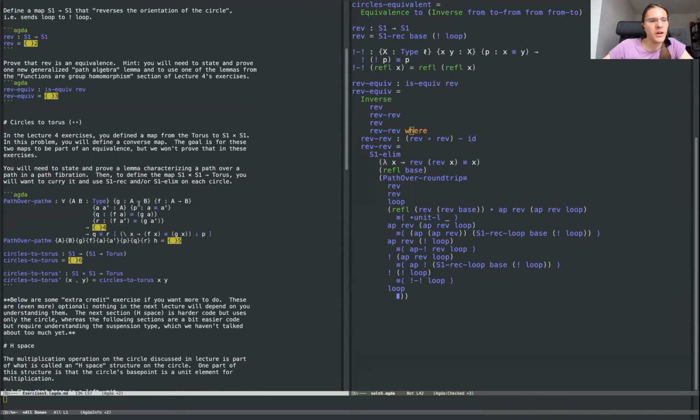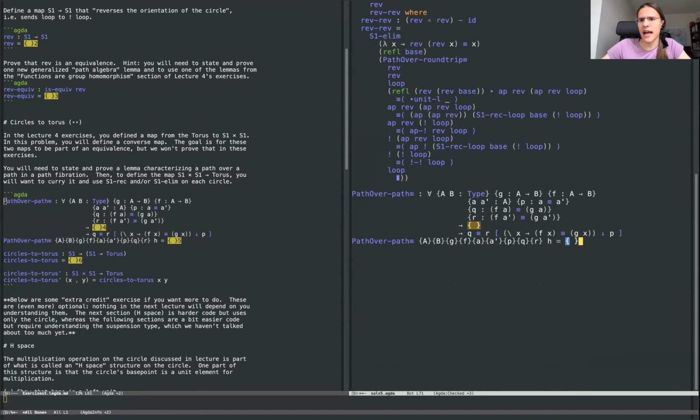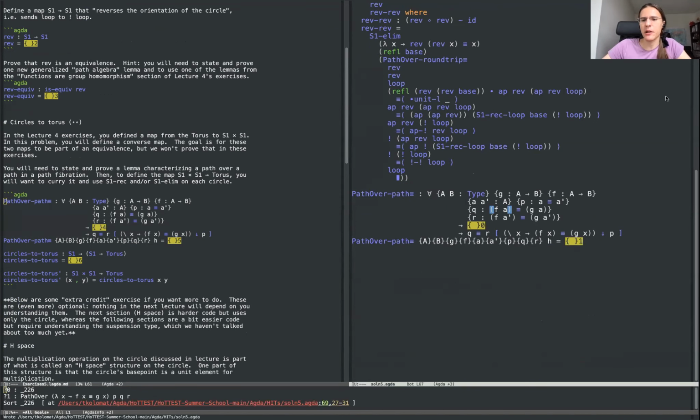There are lemmas about equivalences between the circle and the torus, and I didn't do that in the last tutorial session. But let's just actually work out what this helper lemma that we'll need for the next thing is, and we'll see why it's going to be reasonable.